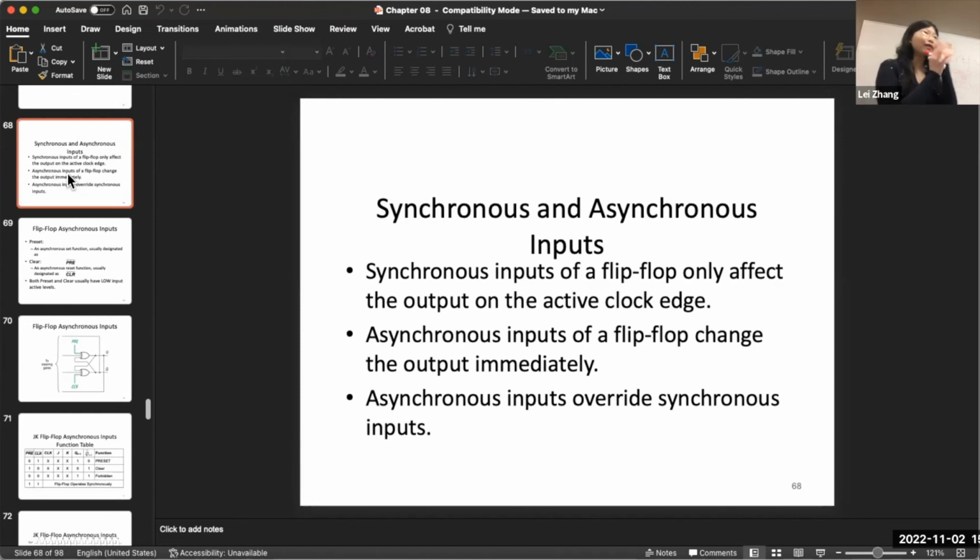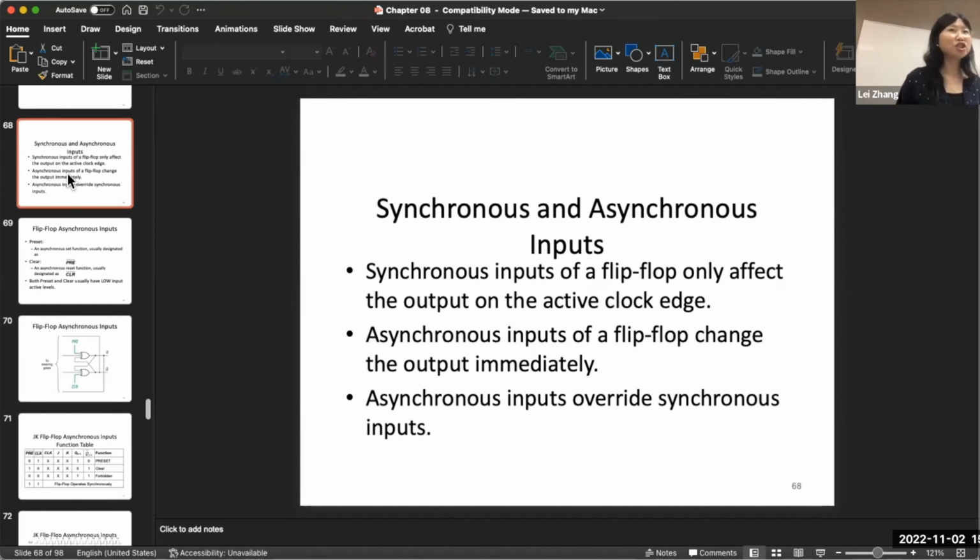Anything that is only checked with the clock is synchronous, so it's related to the clock. If it's not related to the clock, if it is level sensitive, then it is asynchronous.